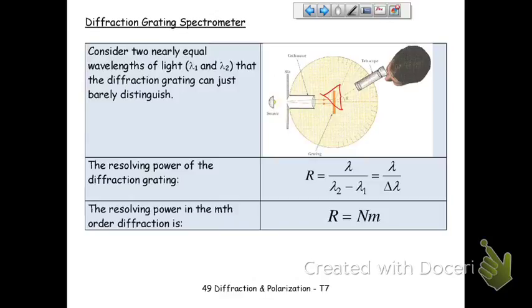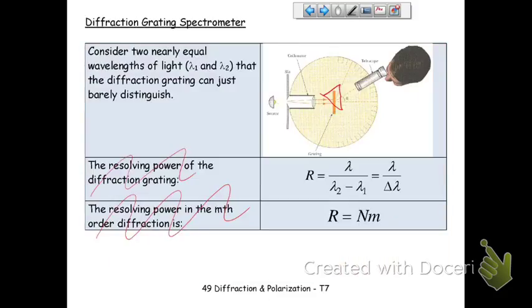Before we had the picture of the spectrometer using a prism to break the light up into its different colours. I can use a diffraction grating to break the light up into its different colours. It works great. Don't worry about the resolving power of a diffraction grating. If it was on the equation sheet it was fair game, but don't worry about that.